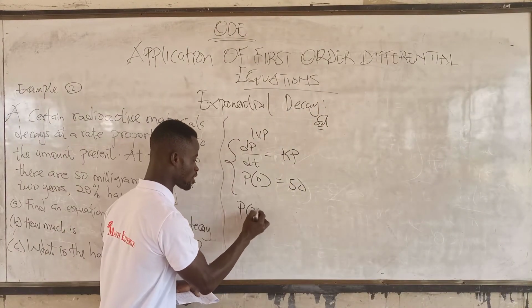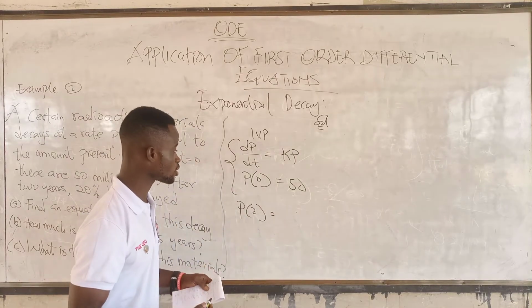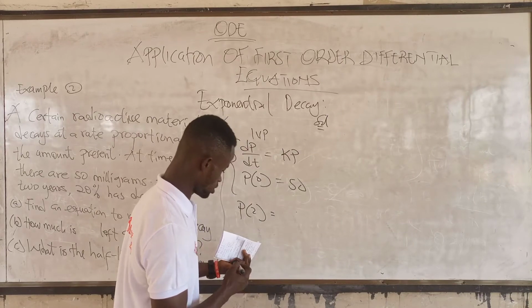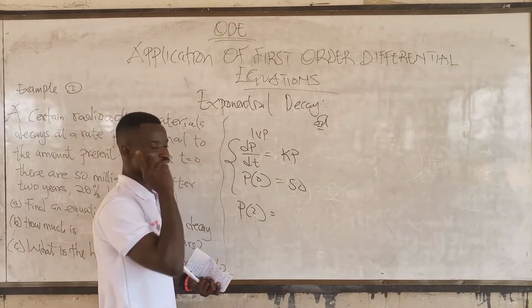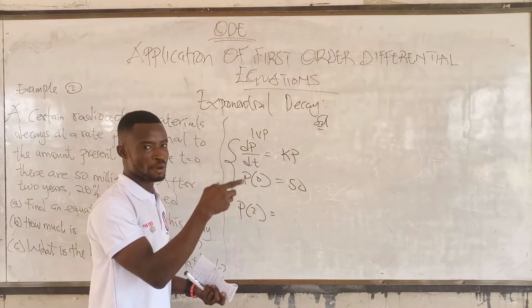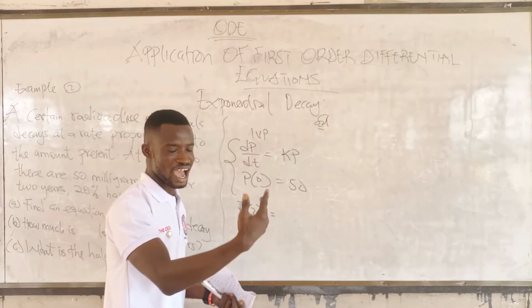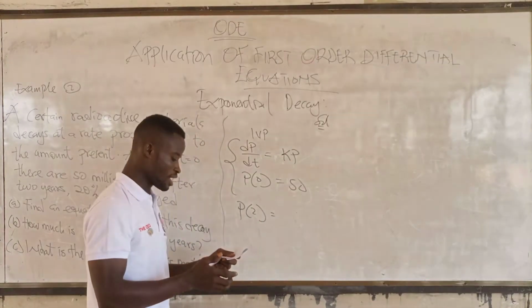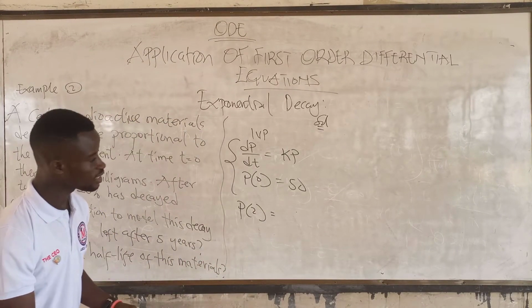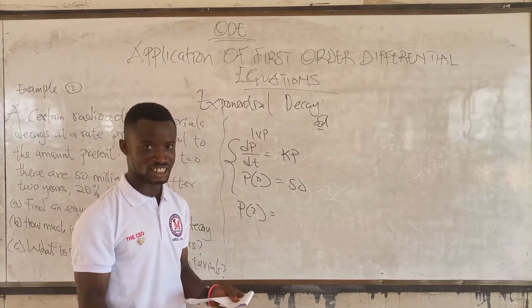So this implies that after 2 years, the initial P naught is 50. But after 2 years, 20% has decayed, which means 80% is not decayed.